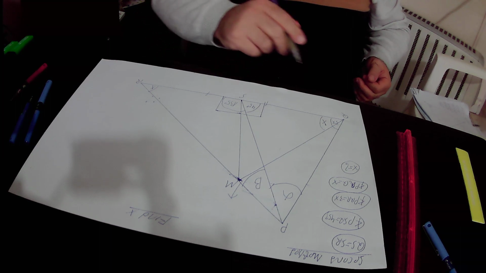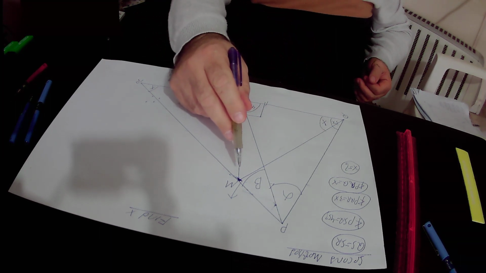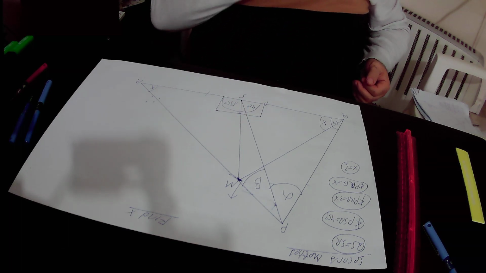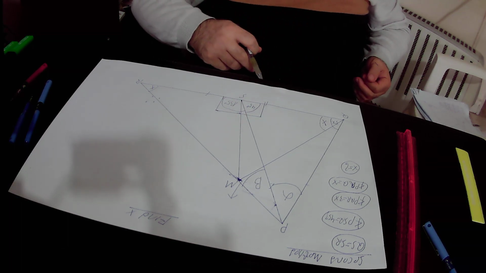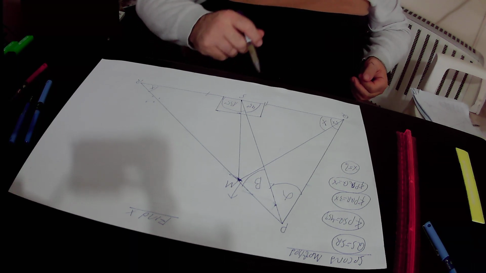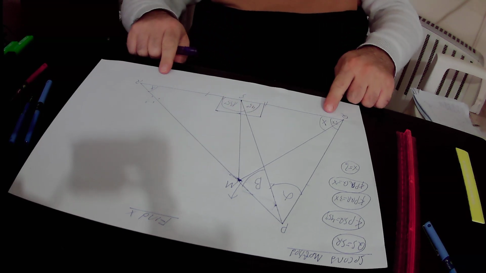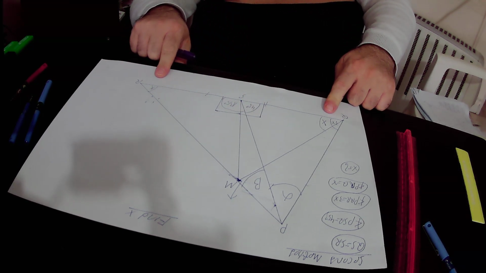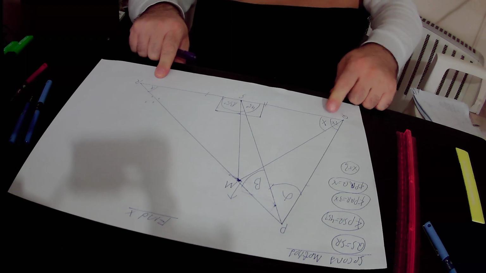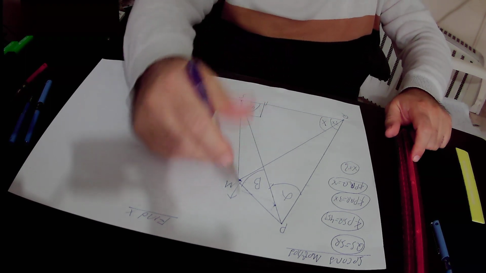And according to rule number 4, the value of the exterior angle PMQ will be equal to the sum of the two angles that are not adjacent to it. And the only two angles that are not adjacent to angle PMQ are those two angles, and the sum of those two angles is x plus x. So we found out that the value of the exterior angle PMQ equals 2x.